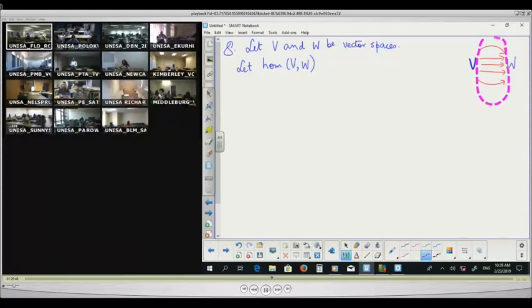I'm trying to speak about the set, in purple, the set of all linear transformations from V to W. Given V and W are fixed, I'm going to speak about all possible linear transformations that might exist between V and W. It might be empty, I don't know.